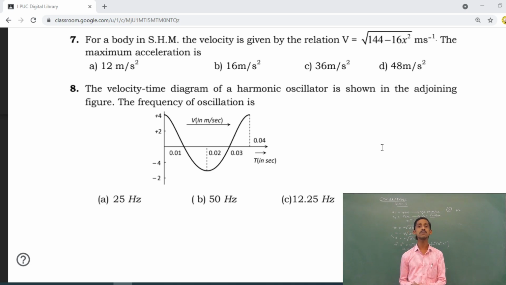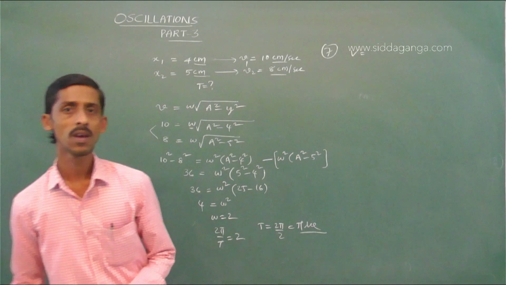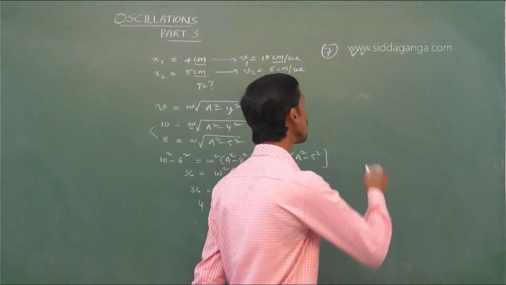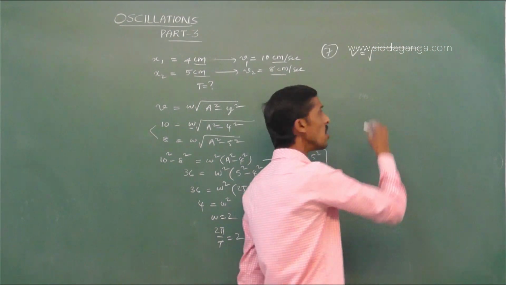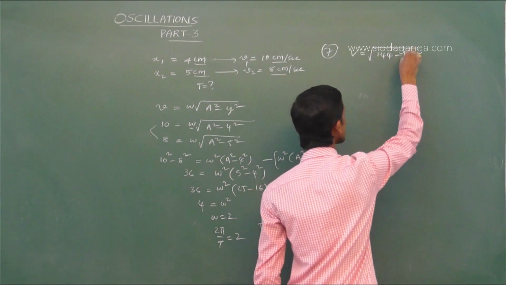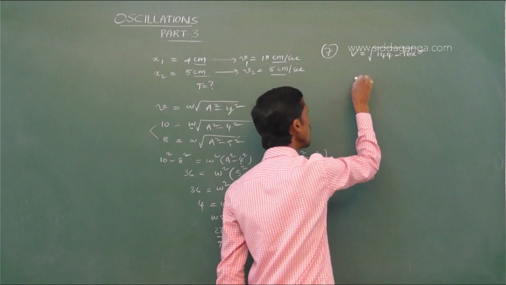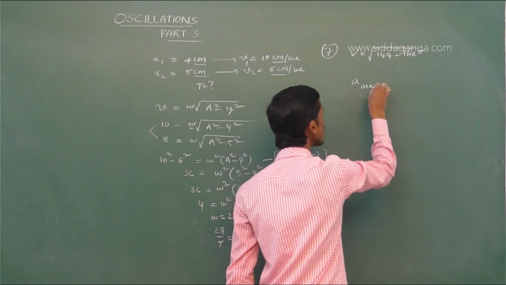The maximum acceleration is. So the velocity equation you know, V is equal to square root of 144 minus 16 x square. What is the maximum acceleration?